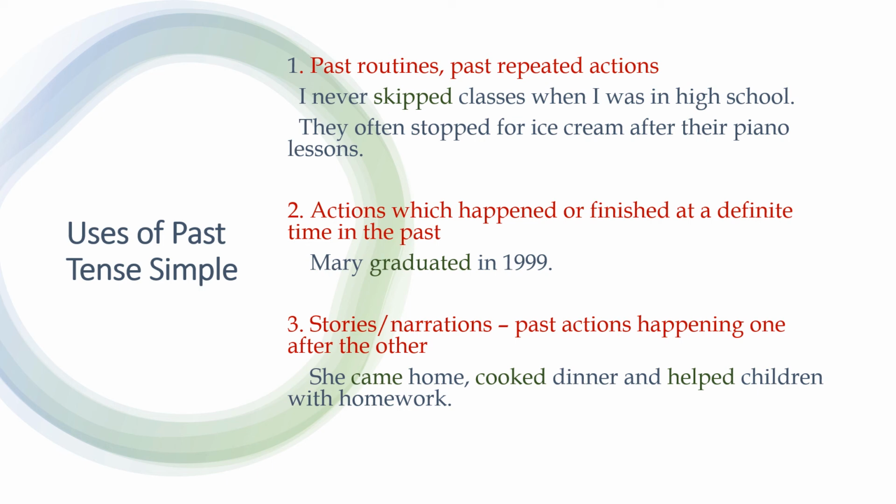Like in Mary graduated in 1999. They specify the year. She started school last September. Specified time, last September. I am emphasizing this because we have present perfect simple that refers to the past as well, but we will see the differences between the two when we talk about present perfect tense simple.